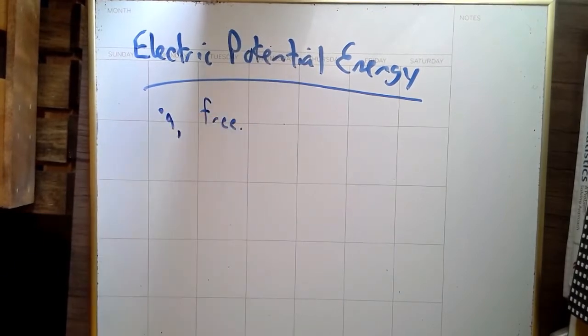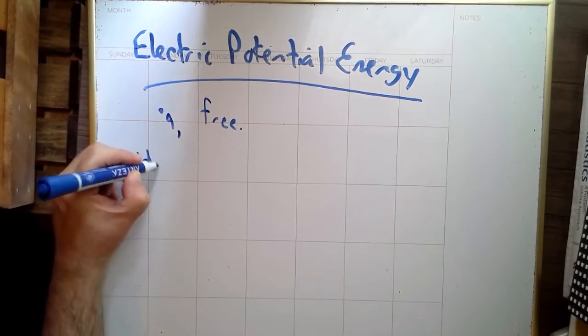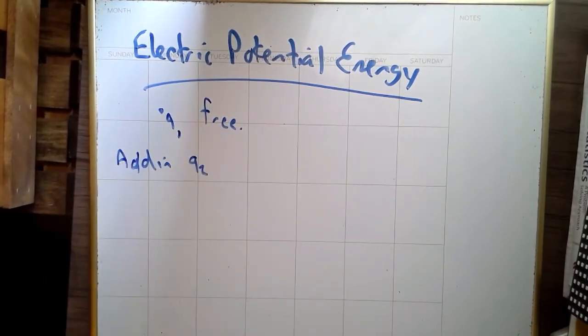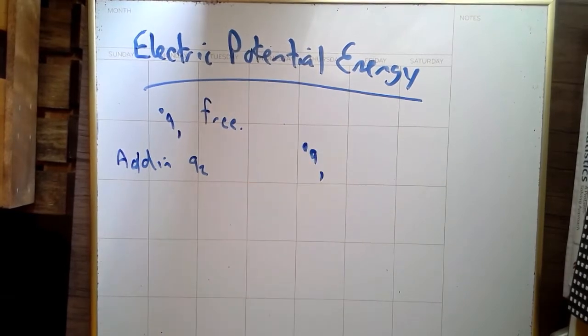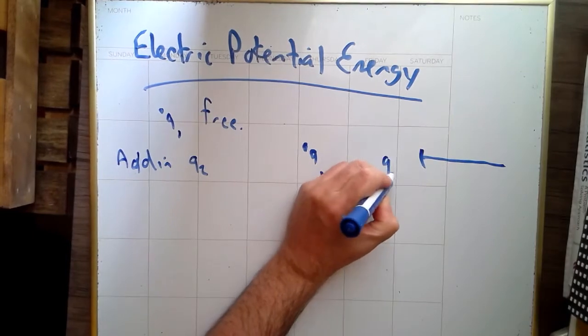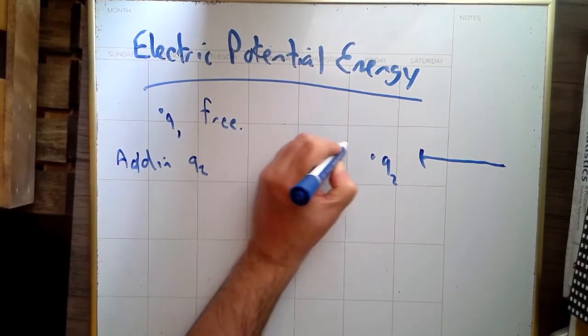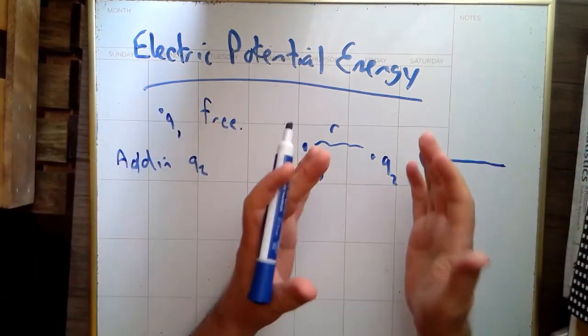Now let's say I bring in a second charge. So let's say we add in a Q2. So I've got, say, charge 1 that was free, and I bring in from infinity charge 2, and I move him that close to charge 1, some distance r away from charge 1. Well, that's going to cost me work. I'm going to have to squish these guys together.